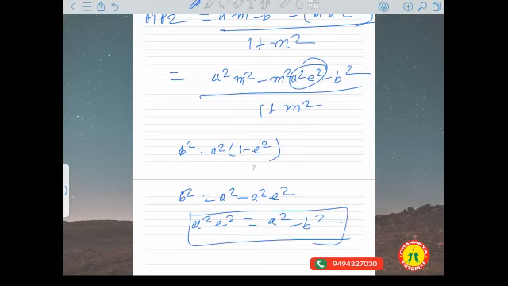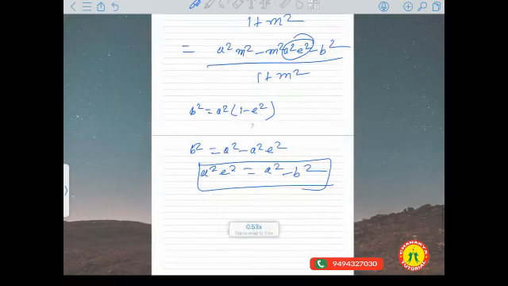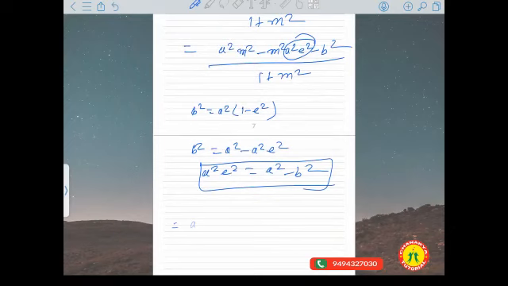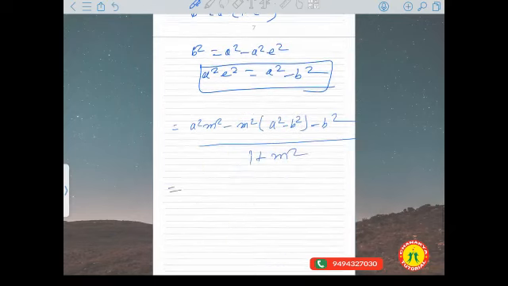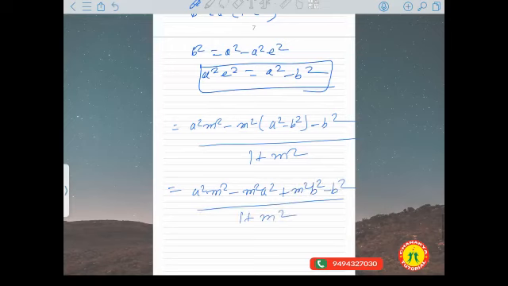So replace a square e square with a square plus b square, get a square m square minus m square into a square plus b square... upon 1 plus m square. Now a square m square minus m square a square minus m square b square minus b square upon 1 plus m square, right?